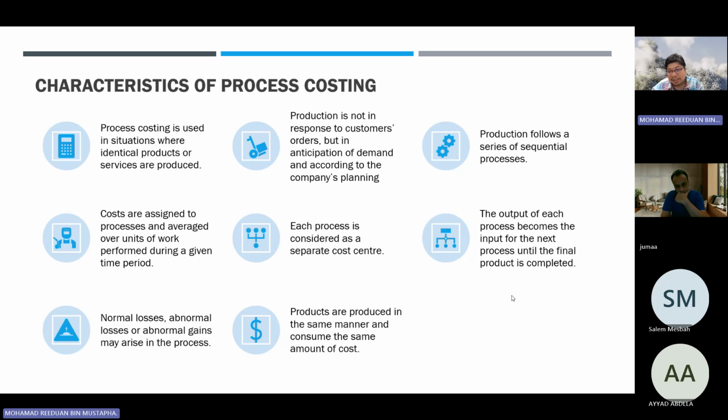Okay, so in production for stock, production is not in response to a customer order but in anticipation of demand and according to company planning.